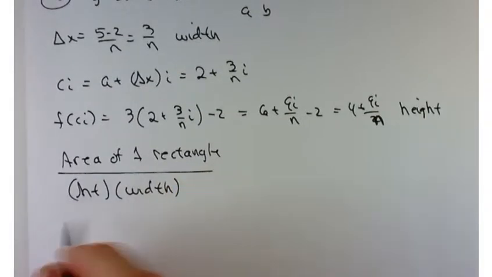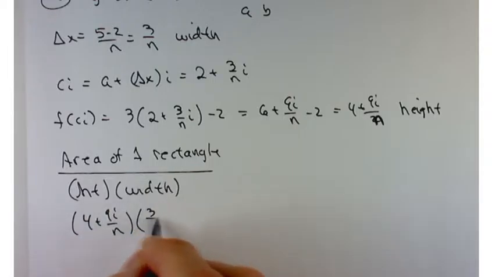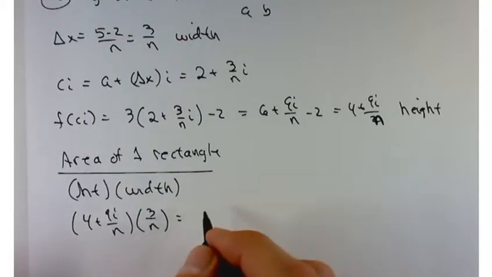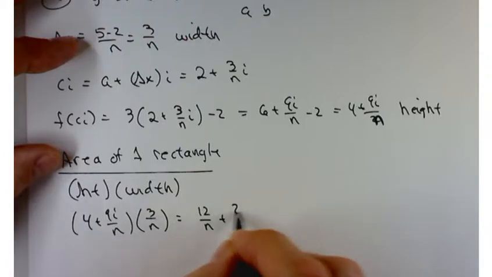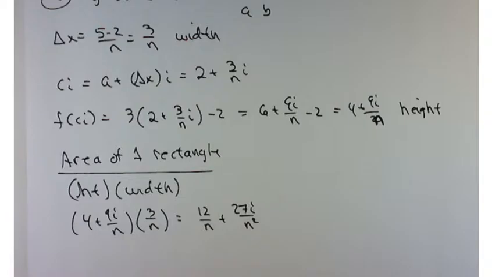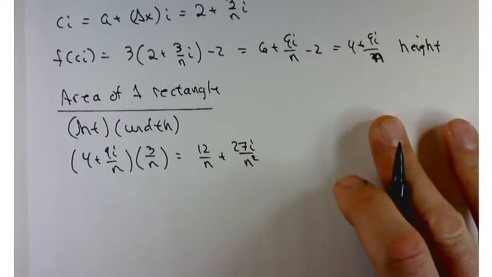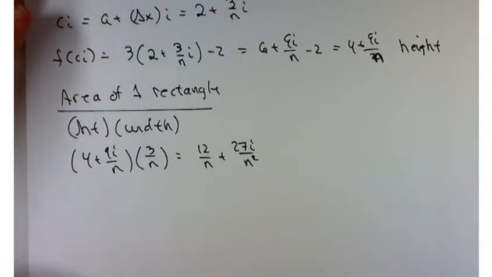We have expressions for both of these. It's 4 plus 9i over n times the width, which is 3 over n. That gives 12 over n plus 27i over n squared. That's the area of one rectangle.